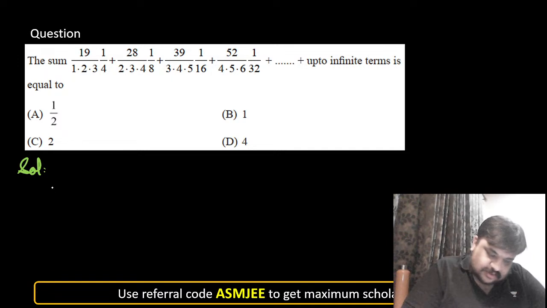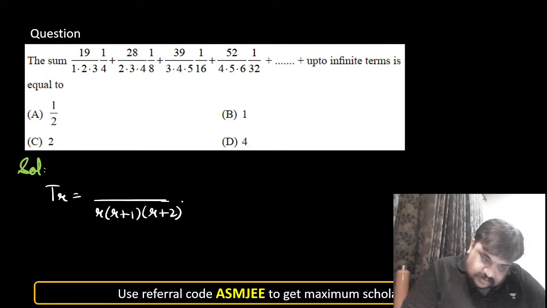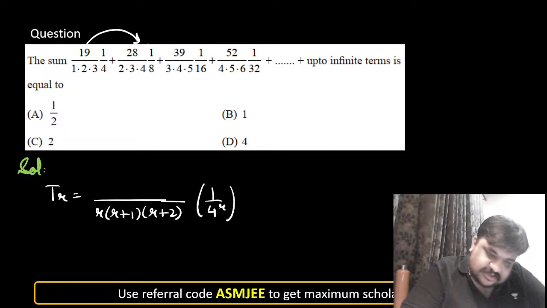Okay, so TR looks like this: R, R plus 1, R plus 2, 1 by 4 raised per R. Now, what is this 1928 business?